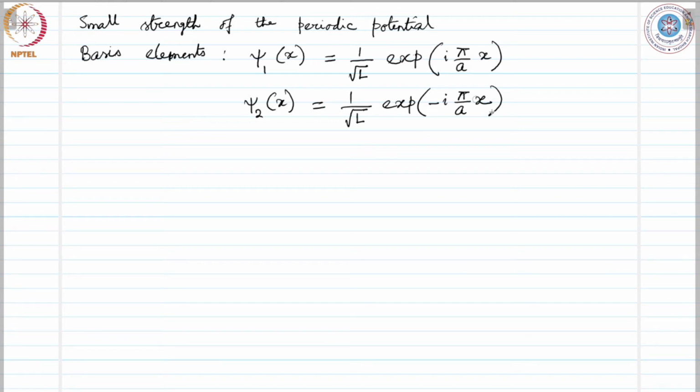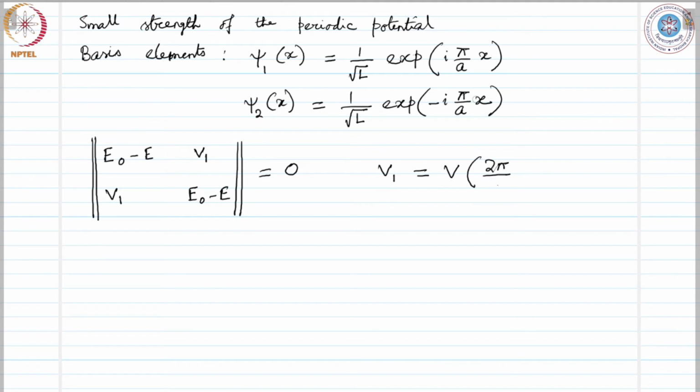Now, if we diagonalize the crystal Hamiltonian and want to find the energy eigenvalues, then we will get a secular determinant like this: E naught minus E, V1, V1, E naught minus E, the determinant of this equals 0. This is the secular equation that we will have, where V1 is the potential at twice pi over a.